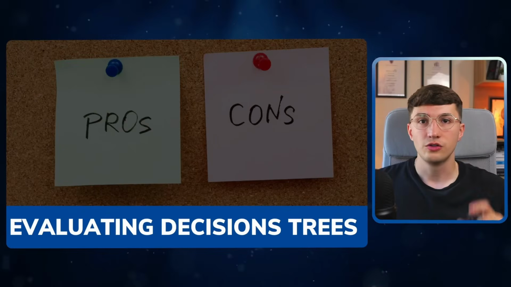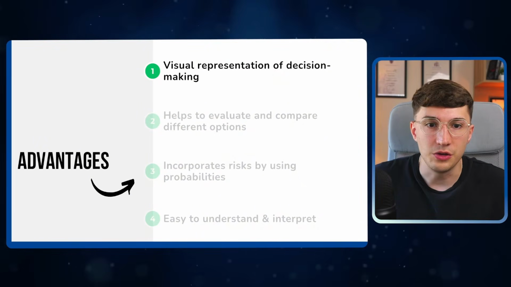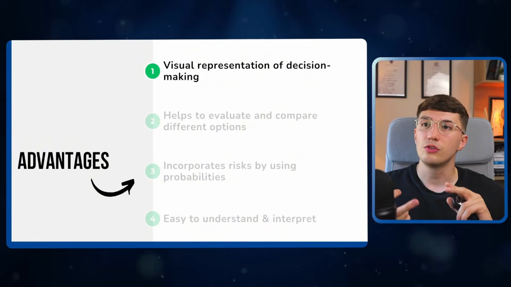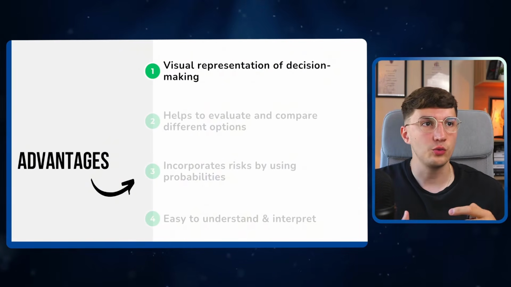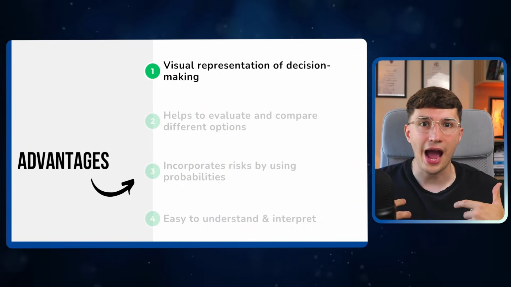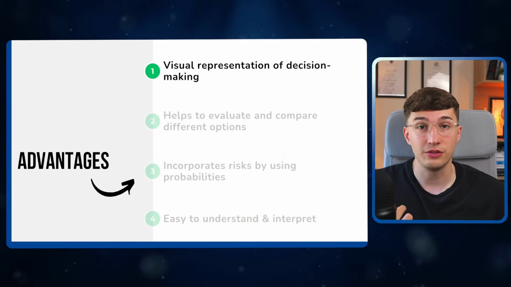The last thing we need to look at now is evaluating them, given the advantages and the disadvantages of using them. So let's start off. The first main advantage for using decision trees is that it gives us a visual representation of decision making, and that can be quite useful because when we are visualizing stuff, it helps us employees and managers and senior managers as well.